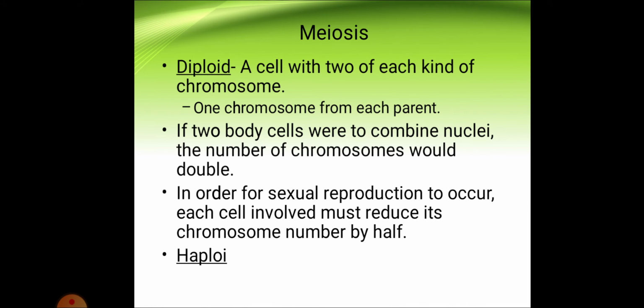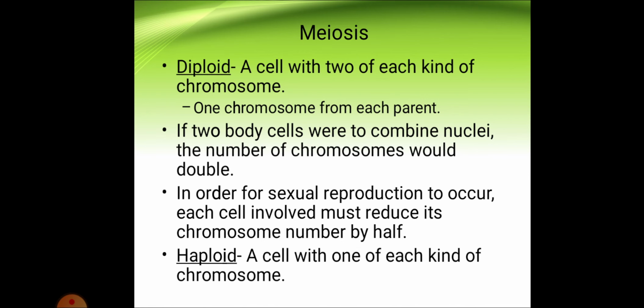And the second one is the haploid, a cell with one of each kind of chromosome. Kung sabi po sa diploid, a cell with two of each kind of chromosome, sa haploid naman po ay isa lang po sa bawat chromosome.